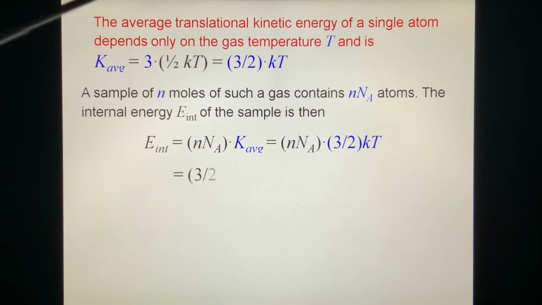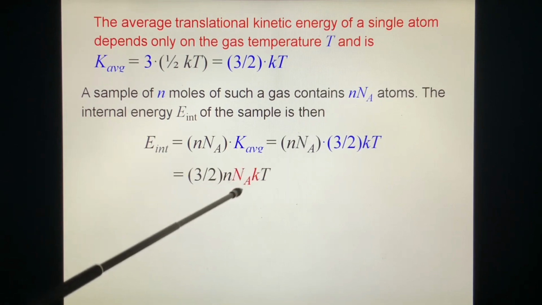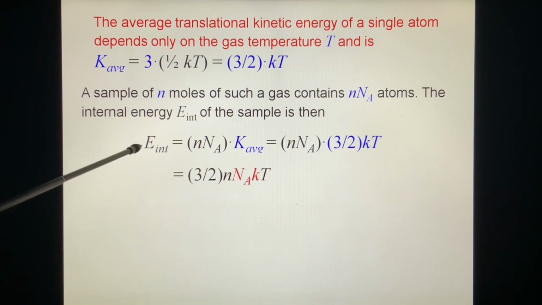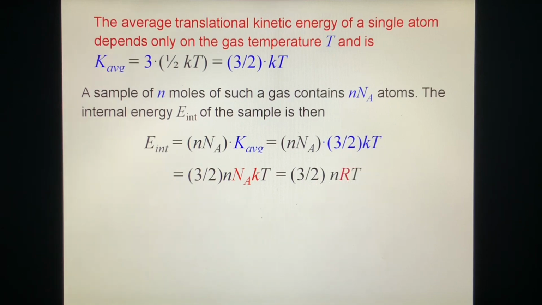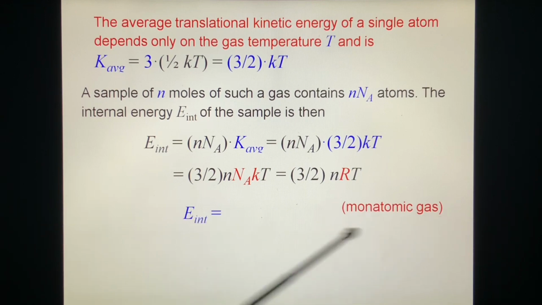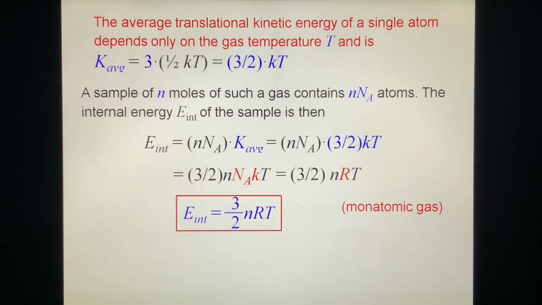And we know that N_A k is the constant R. So E internal equals 3/2 nRT. So E internal for a monoatomic gas equals 3/2 nRT. This is only for monoatomic.